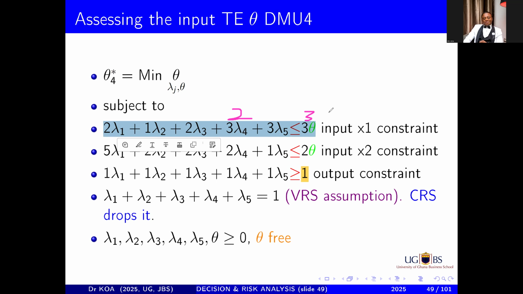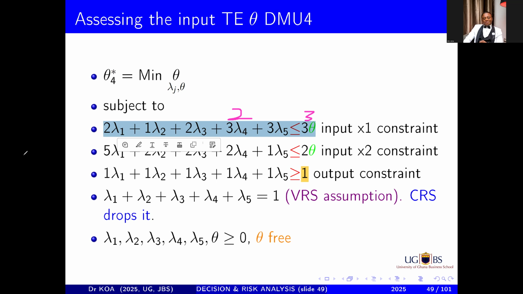And if you are inefficient, you are above the frontier, and so there are some resources that are left over. Those are slacks. The only thing is that the basic model here doesn't really show us the slacks, and that will be for another day.